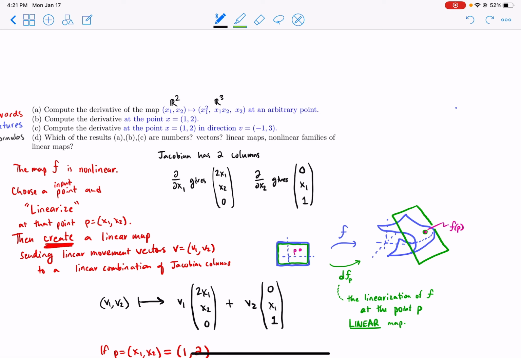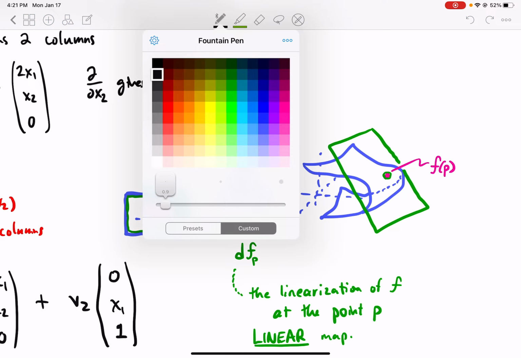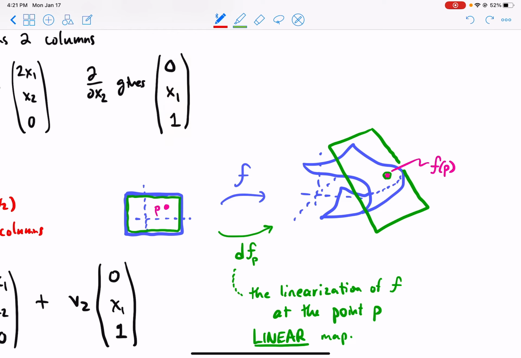We haven't picked a point to linearize, because if you linearize at a different point, like let's say at this point right here, maybe over here on the surface as f of that point. If we call it q, then this would be f of q right there. And then that same rectangle would get mapped to a completely different plane.